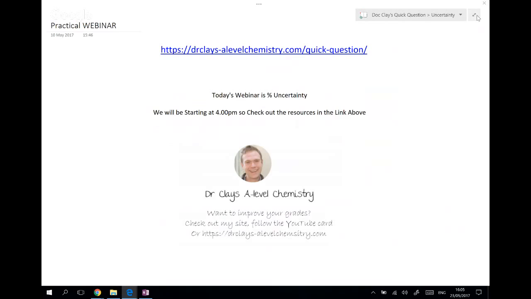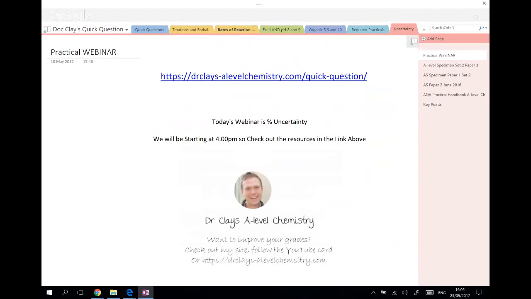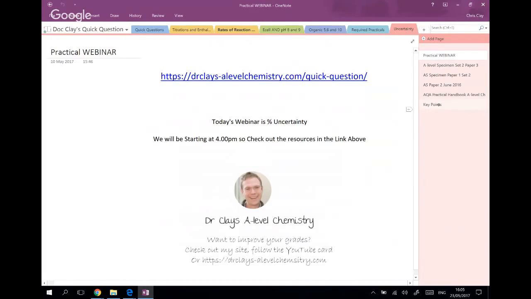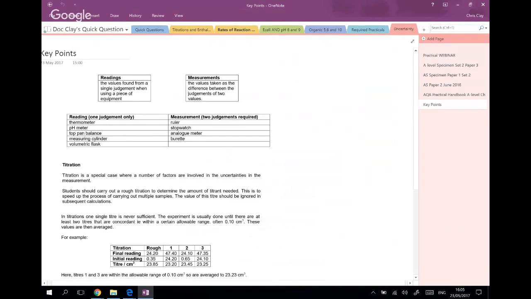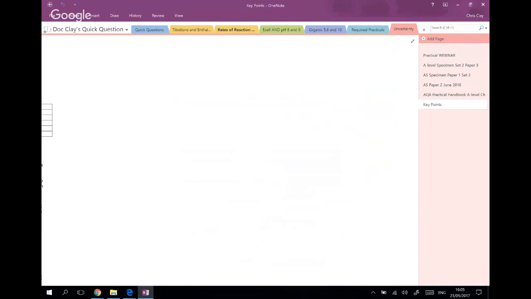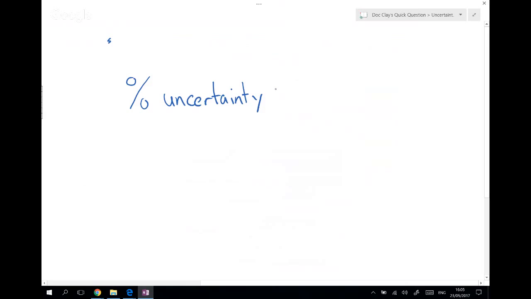All right, now percentage uncertainty. It's an area which has caused some confusion. All I'm going to start off with is the simple statement about how we measure percentage uncertainty, and this is the key thing that they're looking for in the exam.